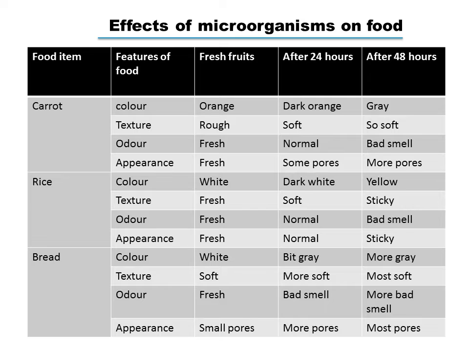The fresh carrot color is orange, texture is rough, odor is fresh and the appearance is also fresh. After 24 hours, carrot color is dark orange, texture is soft, odor is normal, appearance is some pores. After 48 hours, carrot turns grey, texture is very soft, odor is a bad smell, appearance is more pores.